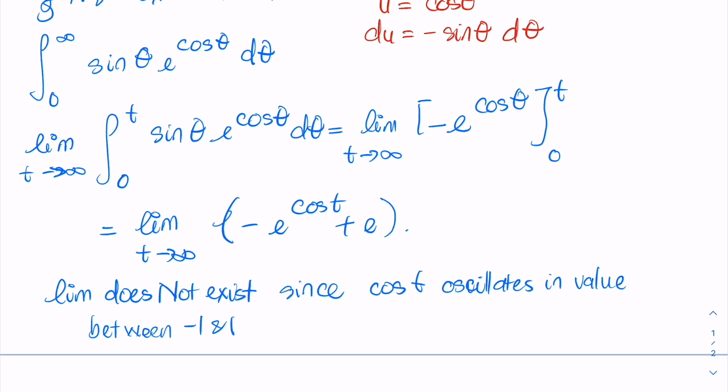So this one, we're just going to go back from e to the negative 1 and e to the positive 1. Therefore, the integral is divergent.